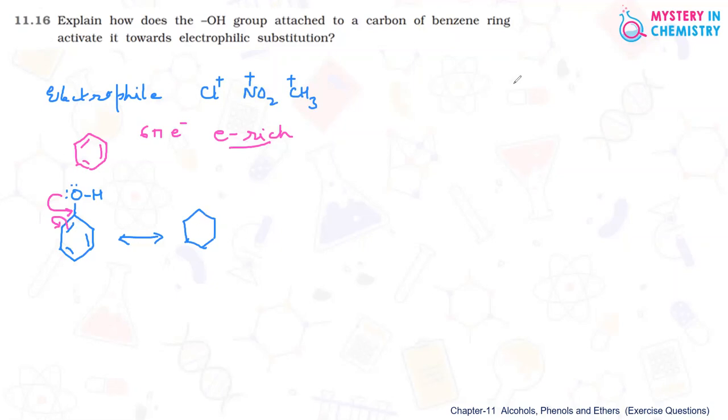And by this, we will have the second structure, in which a double bond is present here and oxygen is attached to hydrogen, and now this oxygen is having a positive charge because it is giving the electron, and a negative charge appears here.